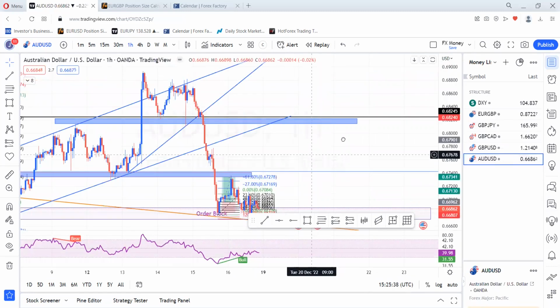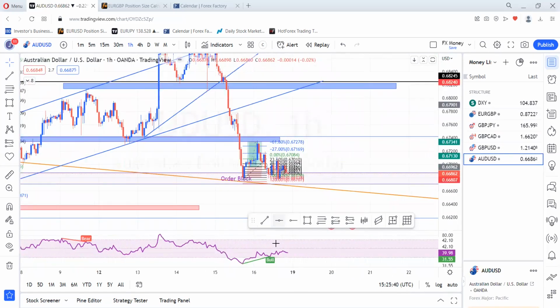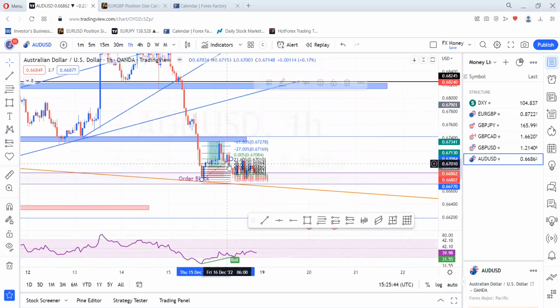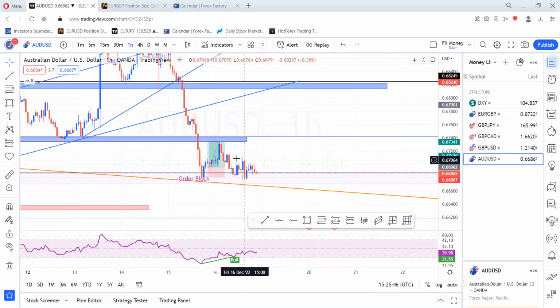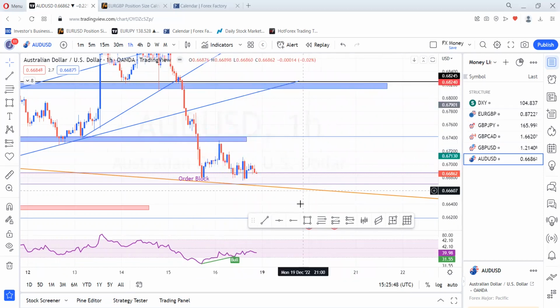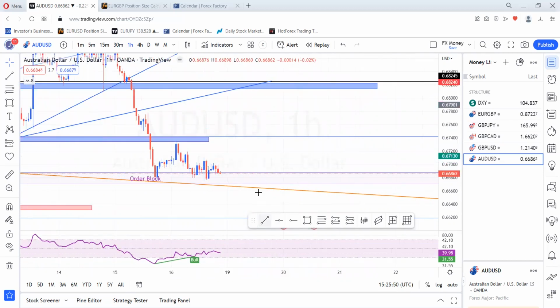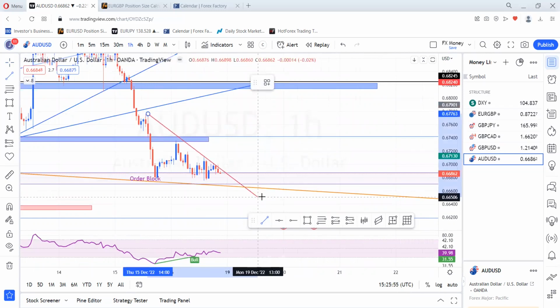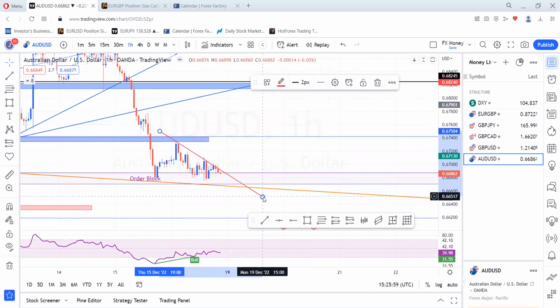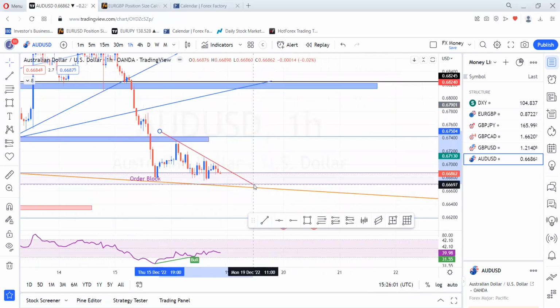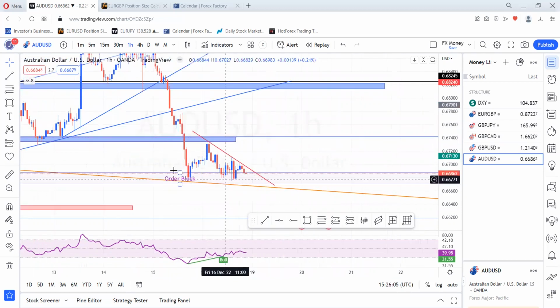AUDUSD, same thing. Like I said, we have divergence too. Let me just remove this since we've cleared the trades we took. So what we can do on it as well is, let's just use this one. Okay, so we can have our trend line like this, right?